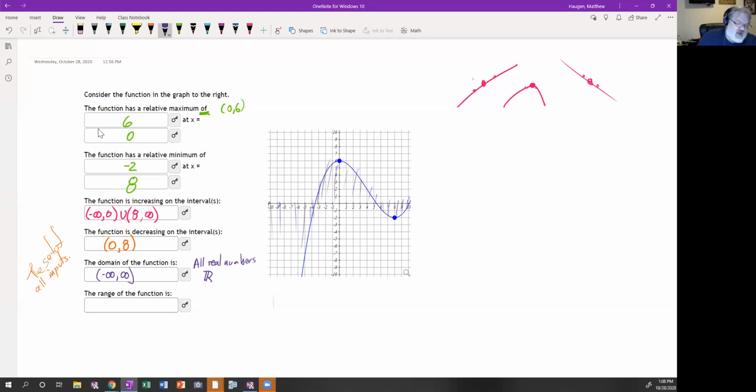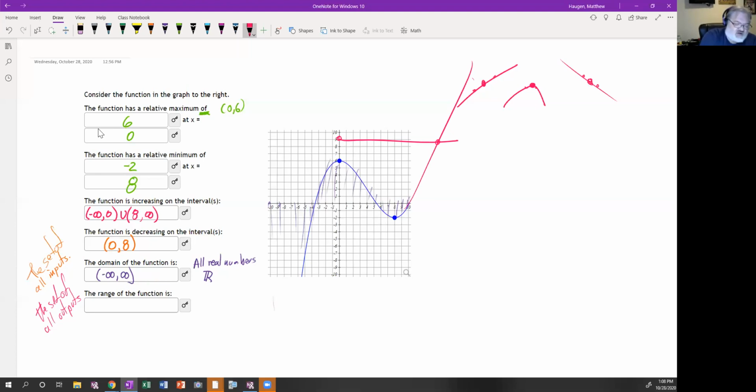What about the graph's range? Range is the set of all outputs, or y values, excuse me, or what all the second coordinates would be. Well, is there any y value that doesn't come up on the graph somewhere? We can't see the 9, but the 9 is going to end up there somewhere, right?